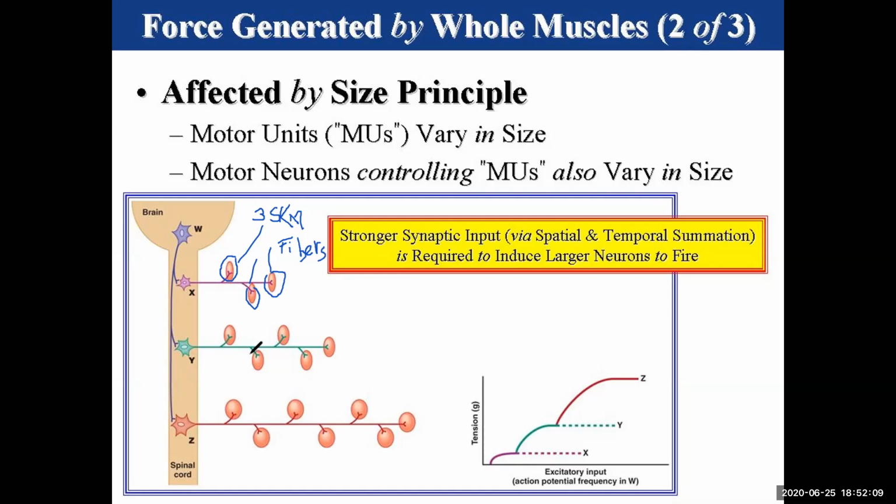Down here you have 1, 2, 3, 4, 5. 5 skeletal muscle fibers. Slightly larger motor units. And the last one, 1, 2, 3, 4, 5, 6, 7 skeletal muscle fibers.